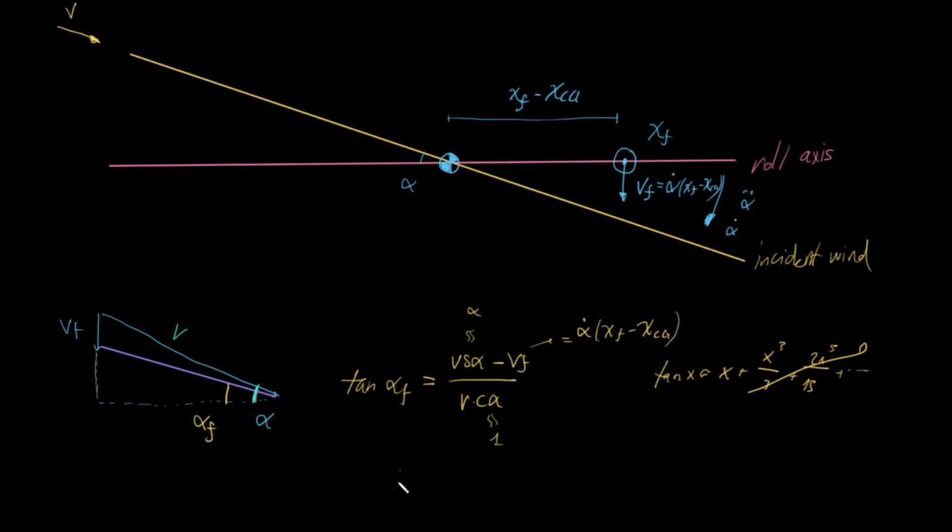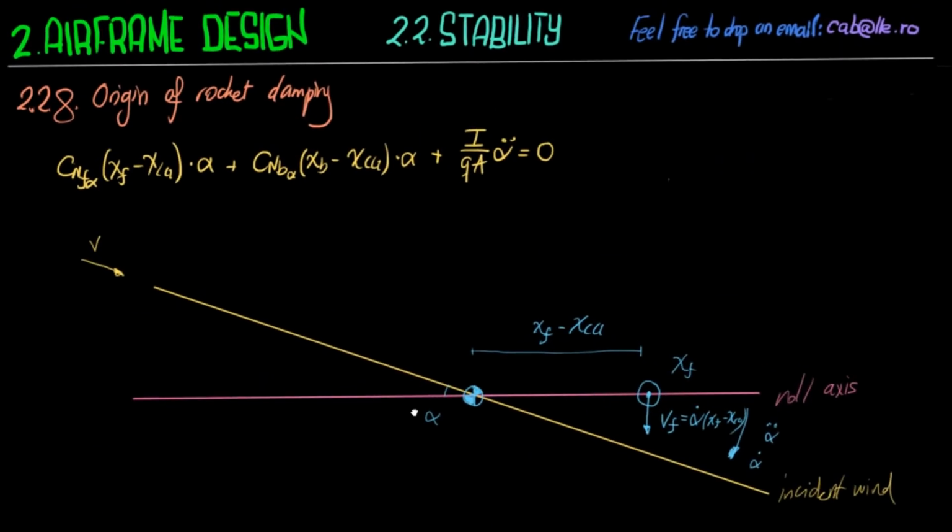So now you can see that the angle of attack that the fin sees is equal to alpha minus this, divided by V. So the thing I lied to you about before is that in this equation here, we don't have just alpha.